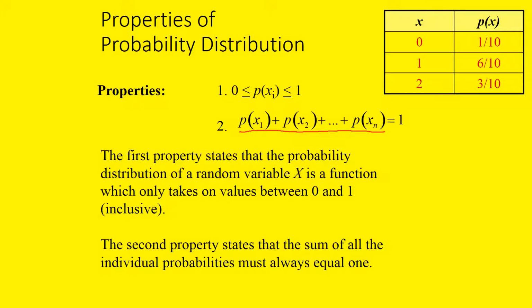Is it a probability distribution? Well, you have to make sure that all of the would-be probabilities are between 0 and 1, which they are. 1/10 is between 0 and 1, so are 6/10 and 3/10. So this is a legitimate probability distribution.